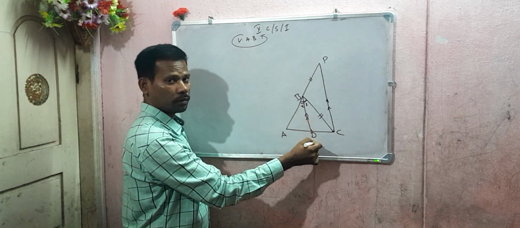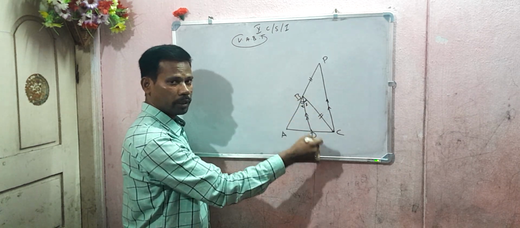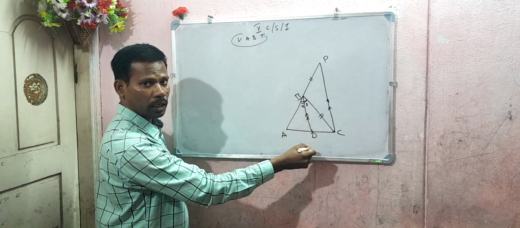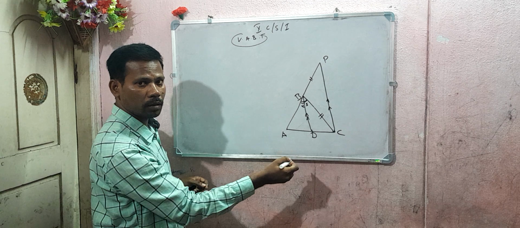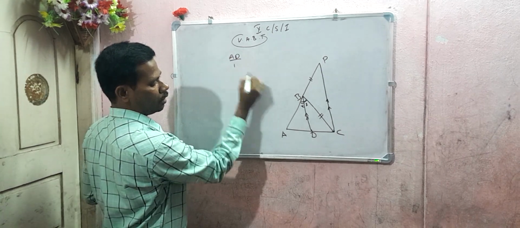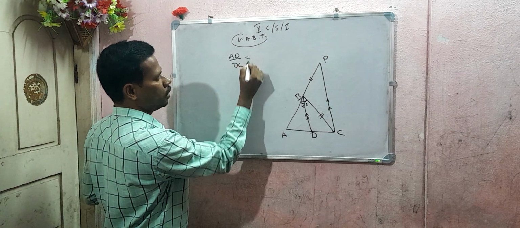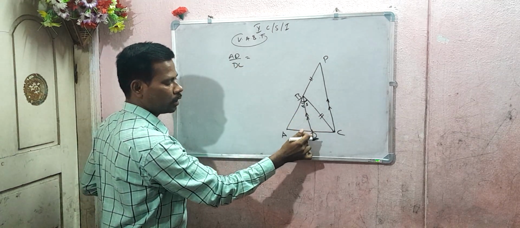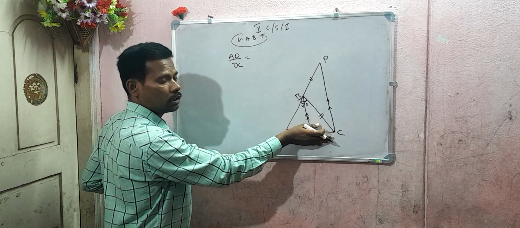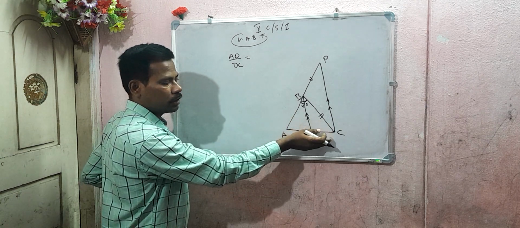The bisector of the vertical angle, that means BD, divides the base AD by DC. It is dividing the base in the ratio of the other two sides.